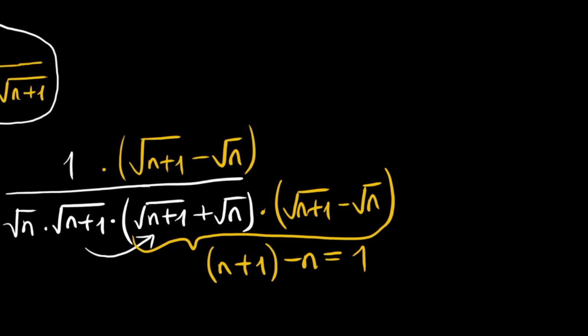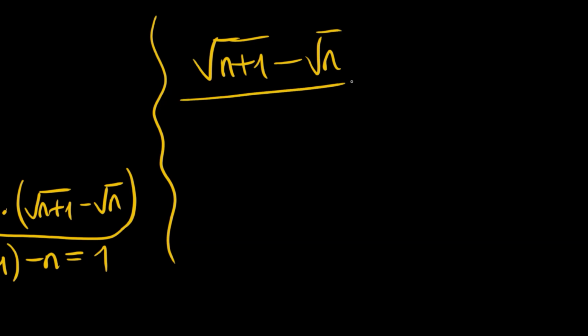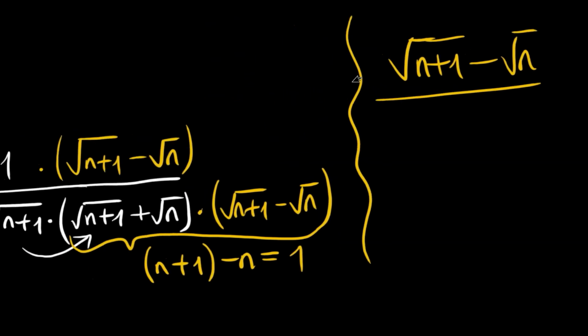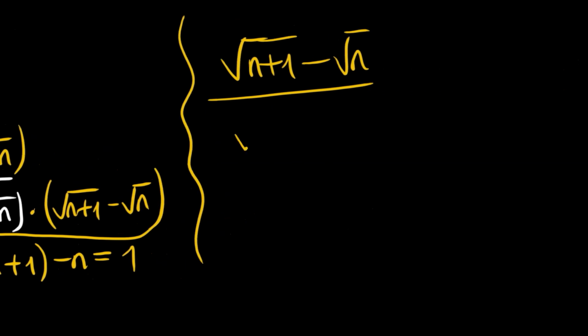This becomes 1. So we have root n plus 1 minus root n, divided by the multiplication of these two, root n times root n plus 1.